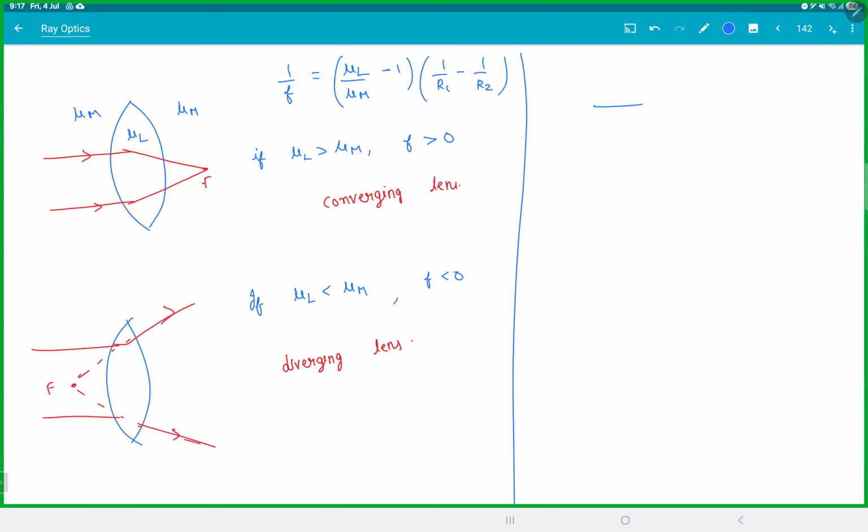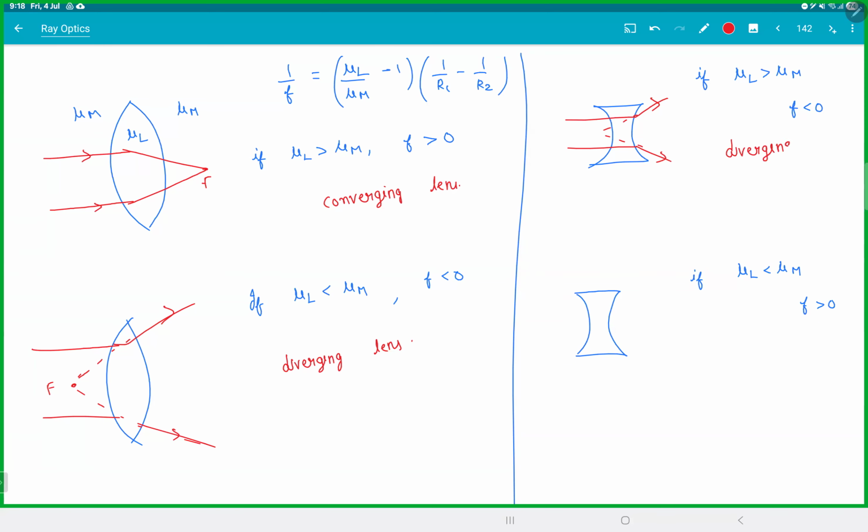Keep that in mind. Similarly, if you take a biconcave lens, if mu lens is greater than mu medium, the focal length is negative and it will diverge. If mu lens is less than mu medium, the focal length is positive, and it actually converges.